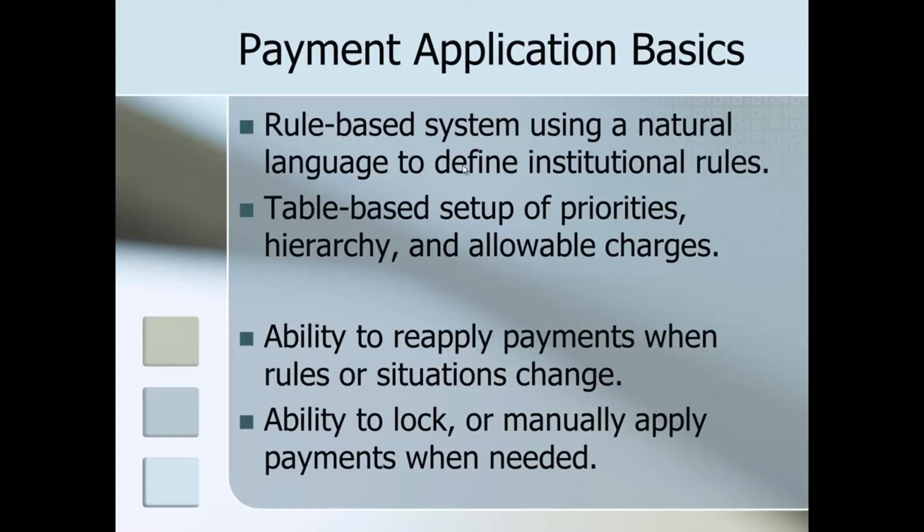The system is able to reapply payments when your rules or your situations change, and you can always override the system by doing a manual allocation. So you can say, okay, the system may define this payment as going to this charge, but in this one instance, we're going to override the system and make this allocation manually.